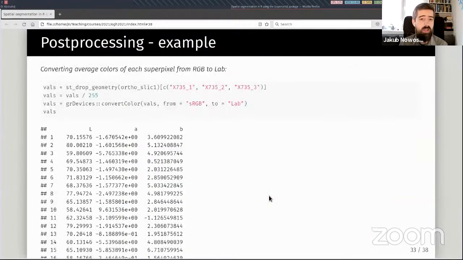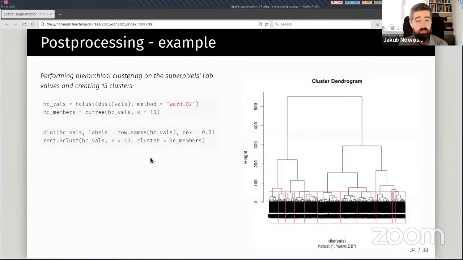And before doing that, I think that it's better to do that in LAB color space. So that's what I do first. So first, I convert the average values for each superpixel from RGB to LAB color space. And next, I use those values and I apply hierarchical clustering to them.